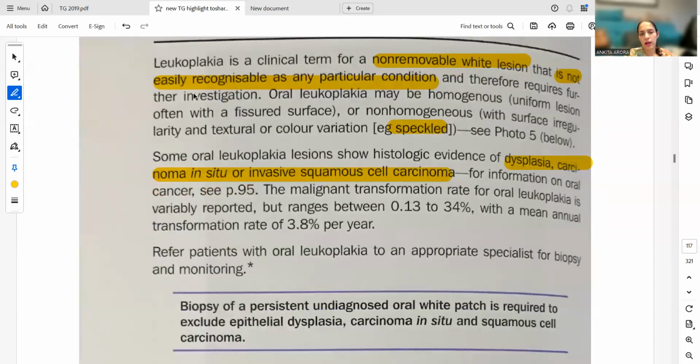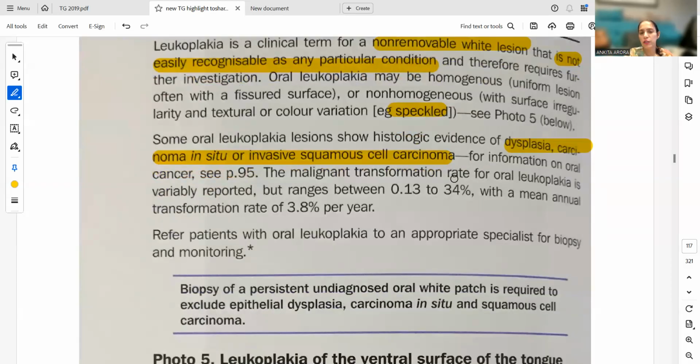We would have already read about oral cancer previously. The malignant transformation rate for oral leukoplakia is variably reported, from 0.13 to a massive 34%, with a mean annual transformation rate of 3.8% per year, meaning almost 4 in 100 people will convert to oral cancer.